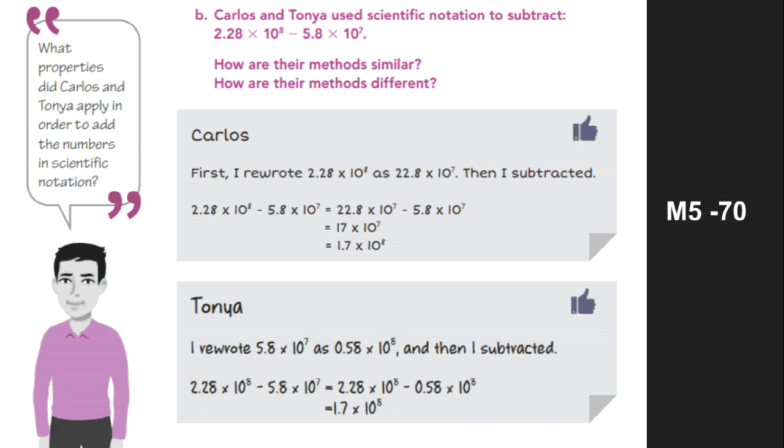Okay, so we're going to do this in 3 phases. The first phase is you just looking through these and trying to identify the similarities and differences. Then we're going to do a partner share, and then we're going to talk about it all together. So the first part is just you thinking, writing, circling, whatever you've got to do to come up with your own answer. So how are these similar and how are they different between Carlos and Tanya?